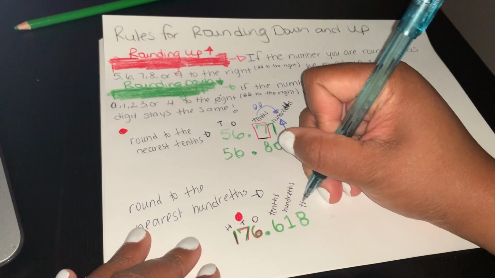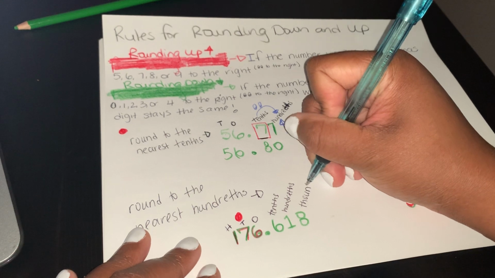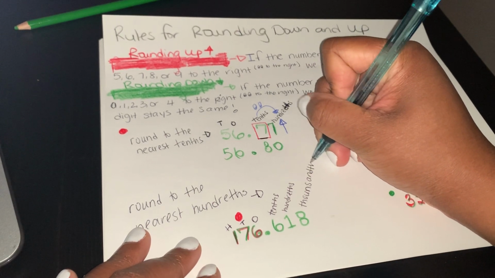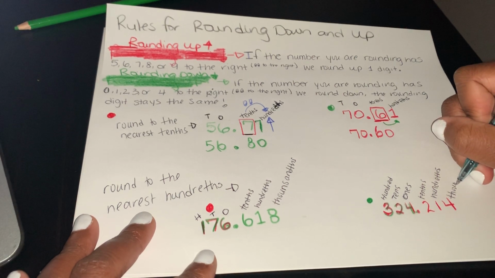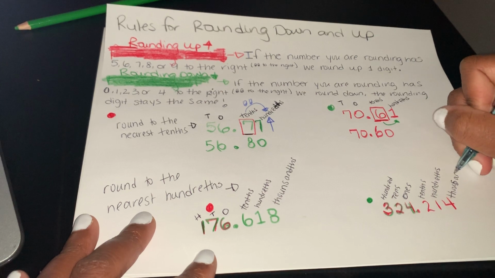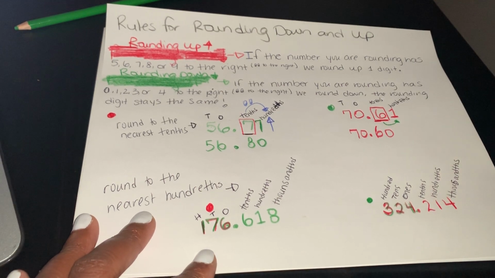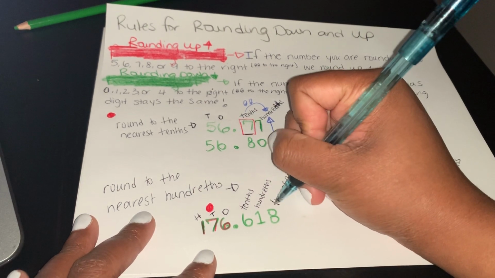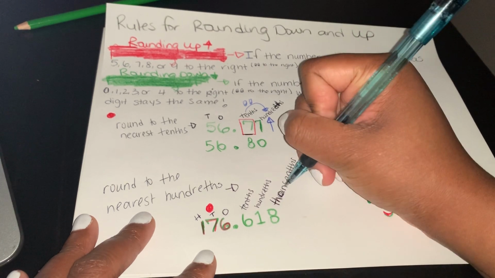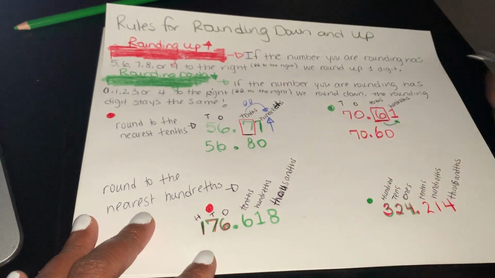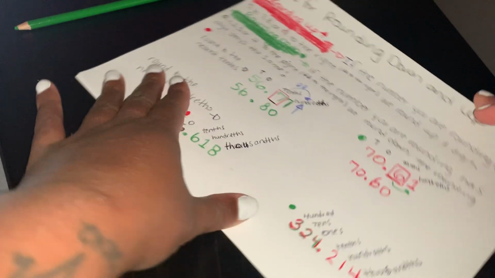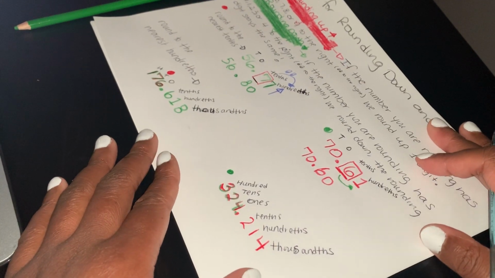Yes, you guessed it. It is actually thousands. That's a THOU. Okay, can you guys see that? I'll turn it this way so you can see it.